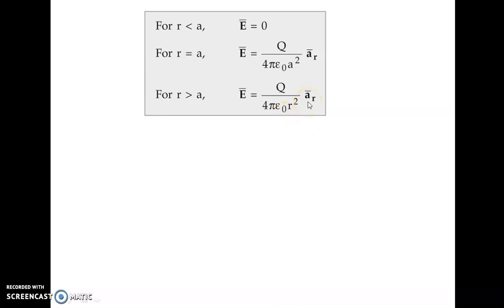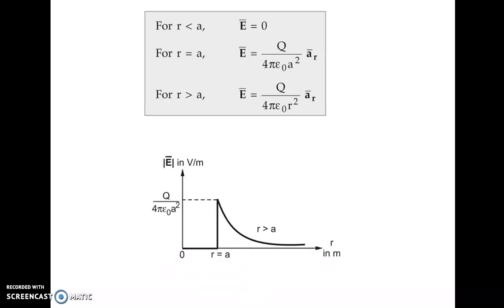So if you draw the graph of electric field intensity versus radius, you will get a graph like this. Till r equal to a, that is, till here the point lies inside the sphere, so the electric field intensity is 0. At this point it will rise to the peak value, that is Q by 4 pi epsilon naught a square.